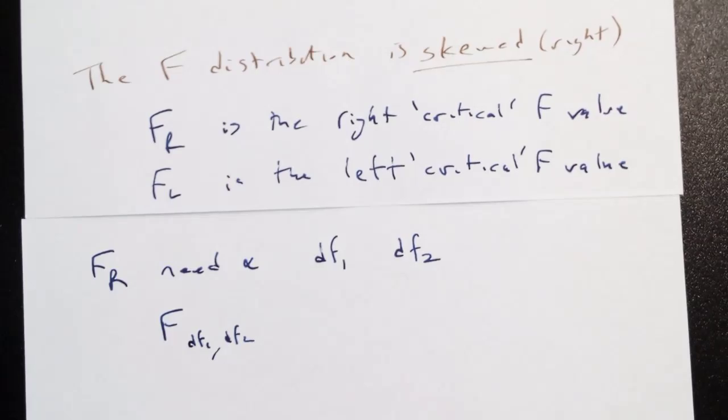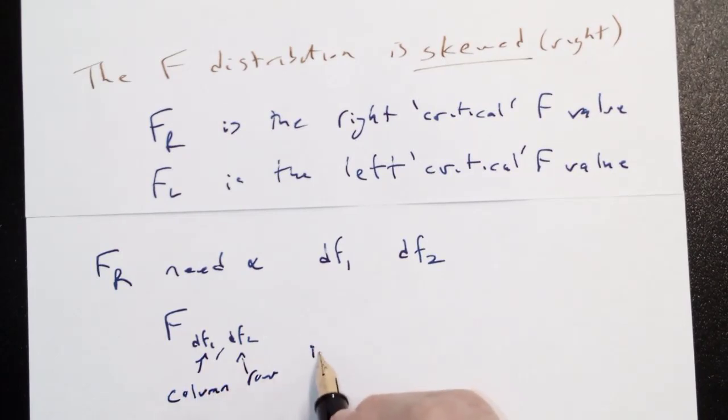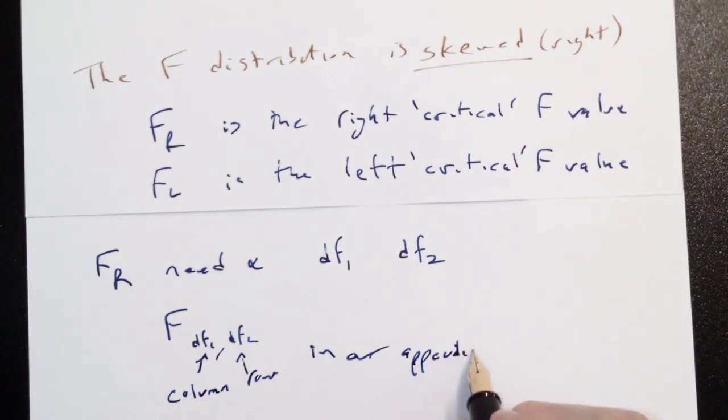How do I know where to look? In the table, it tells me which is DF1 and which is DF2. In our case, DF2 is by row and DF1 is by column. In our appendix.